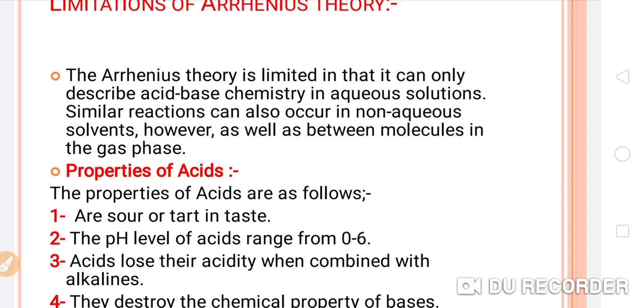This is a very big problem, because when discussing acid and base concepts according to Arrhenius, we can mention only aqueous solutions. Similar reactions can also occur in non-aqueous solvents, as well as between molecules in the gas phase. So this is the limitation of the Arrhenius theory.